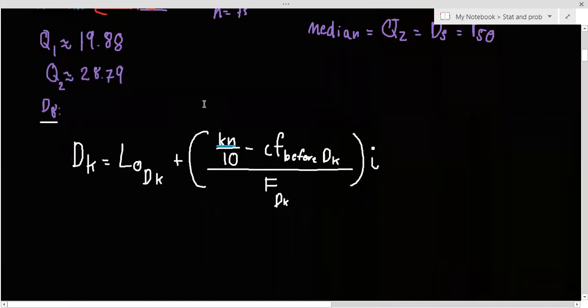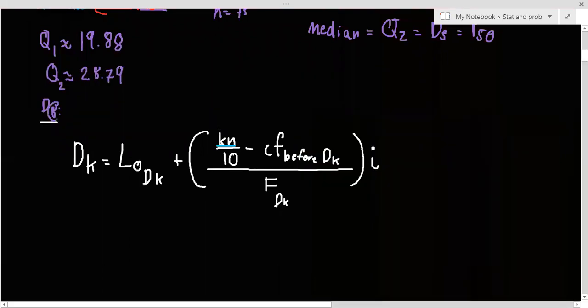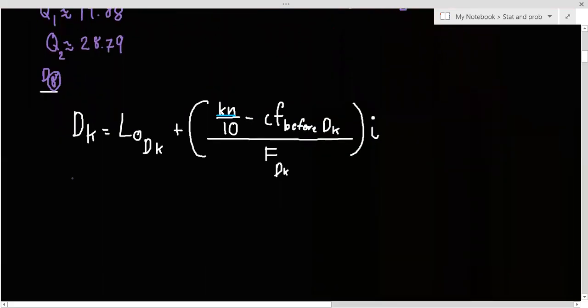Ayan. Since yung subscript ng letter D is 8, kung mapapansin, it's actually 8. So that means your K value here is 8. So D8 or 8th decile is equal to the lower boundary of the 8th decile class plus 8 times n all over 10 minus CF.